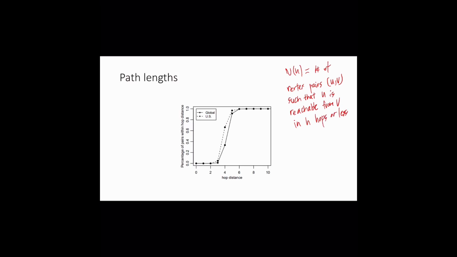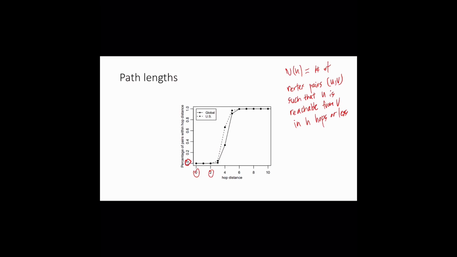So on the graph, the y-axis is the percentage of user pairs that are within h hops of each other. So starting with 0 hops, obviously this number is going to be 0. And up to 2 hops, the percentage of users that you can reach within 2 hops is very low.